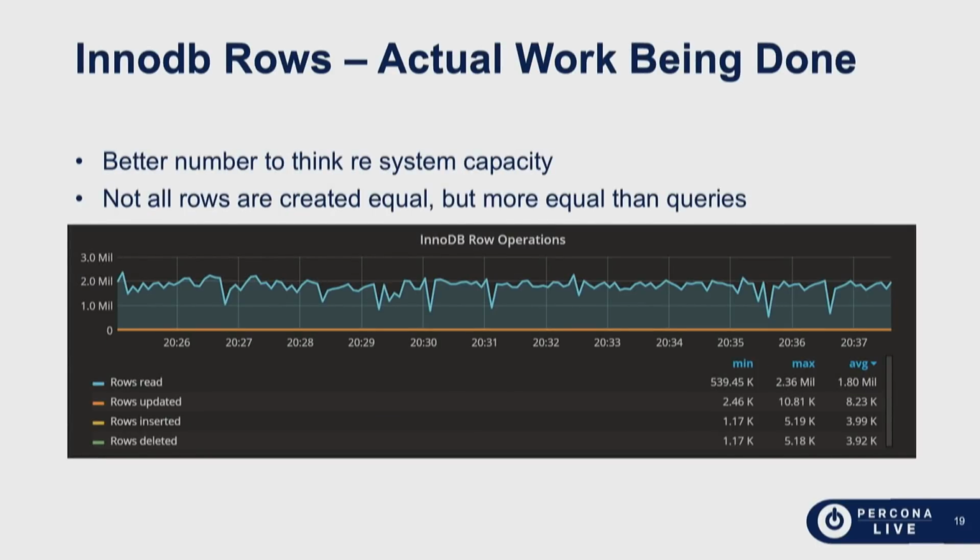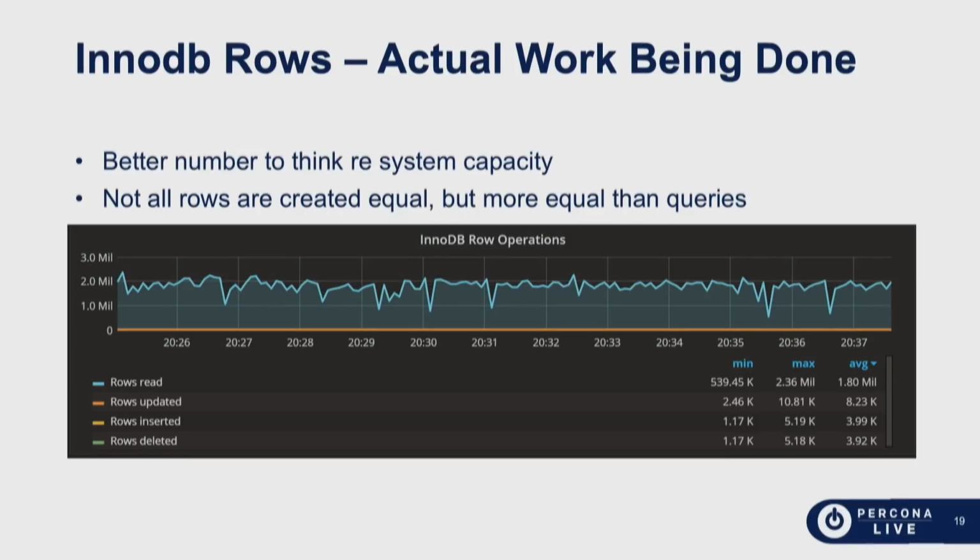Now, another good indication on the MySQL side about the work which is actually being done is looking at the InnoDB rows, assuming you use InnoDB tables, which I assume most of you do. We can see in this case how many rows are being read or written per second. That corresponds to the amount of physical work being done much better than the queries.